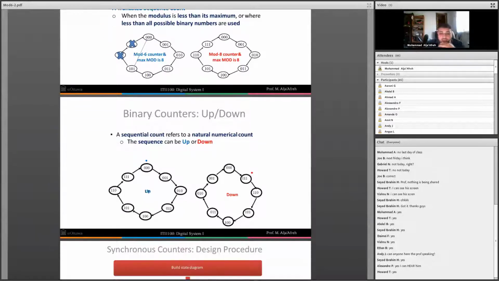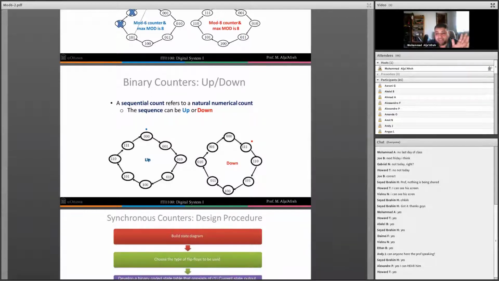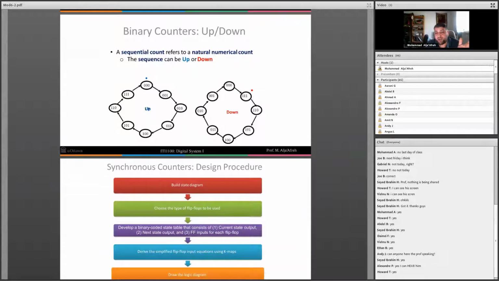All right? The design procedure for the synchronous counter is nothing except the same steps that I shared with you to design any sequential circuit. You have to build the state diagram, and if I did not ask you to choose the type of flip-flop, it's up to you to choose it, as long as you abide by the characteristic equation of each flip-flop.